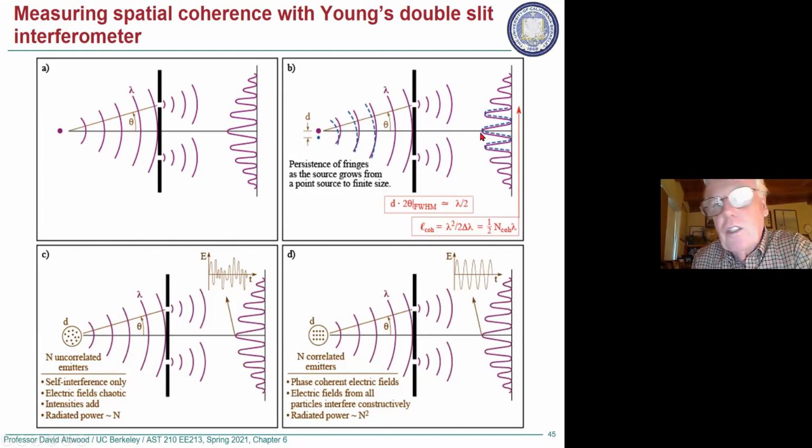For instance, if you pull this second point source down a little lower, the dashed line fringes would move up, and you could line up the peak of the dashed line with the minimum of the solid line. You just wash out the fringes, and that would be telling us that if we had a combination of many electrons that set that condition, we wouldn't have any spatial coherence. We would just wash out the fringes.